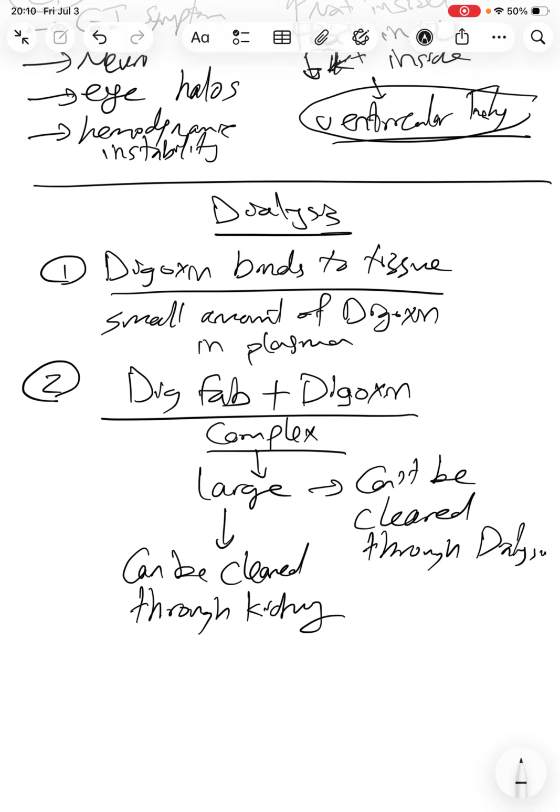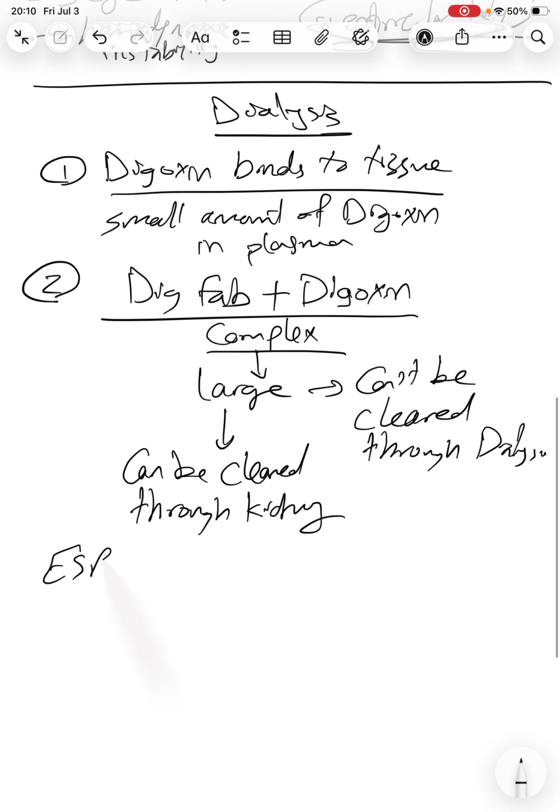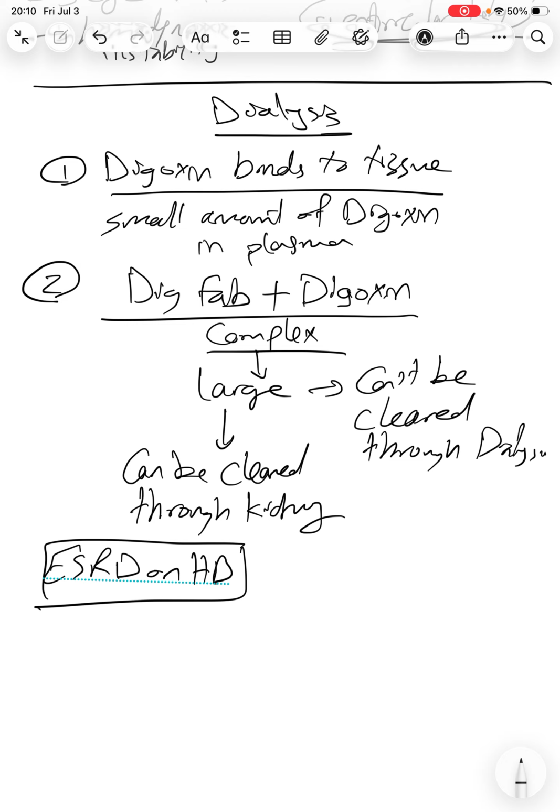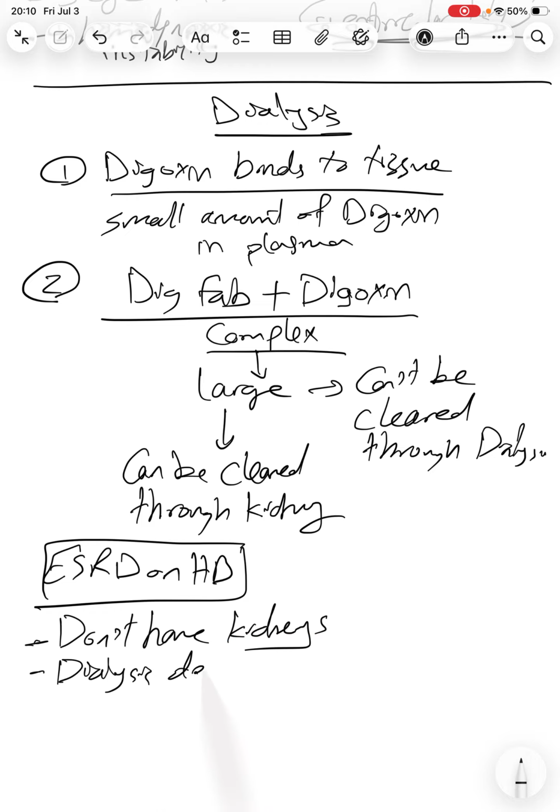So if the patient has ESRD on hemodialysis, this is a special population, because this patient doesn't have kidneys to get rid of the large Dig Fab digoxin complexes, and dialysis doesn't clear them either.